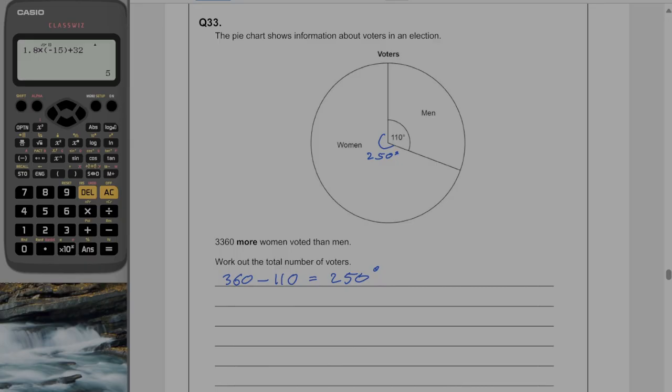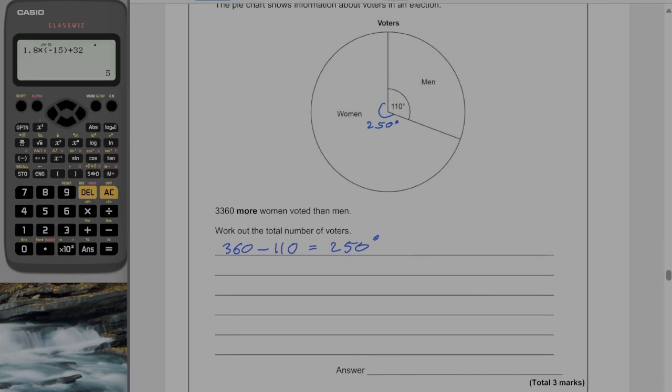The next step I'm going to do is work out the difference in the angles. So I'm going to do 250 minus 110 is 140. So that's the difference. And the difference is equal to this value here.